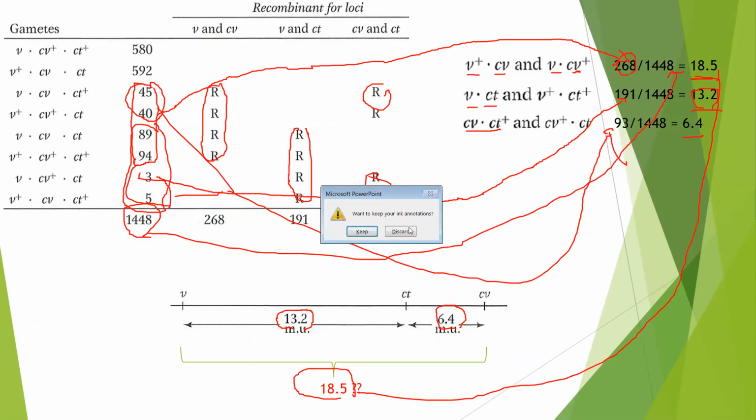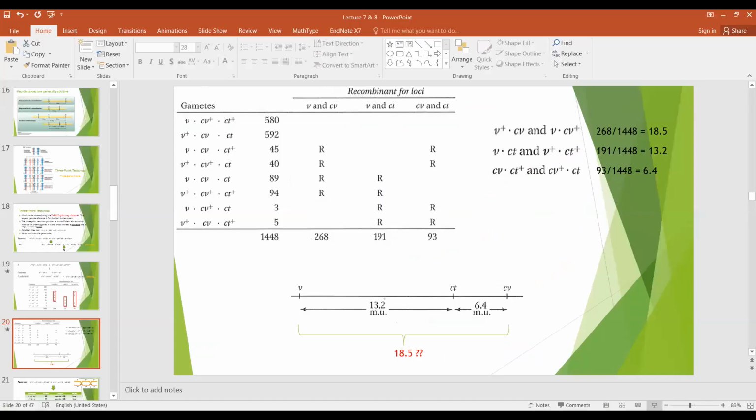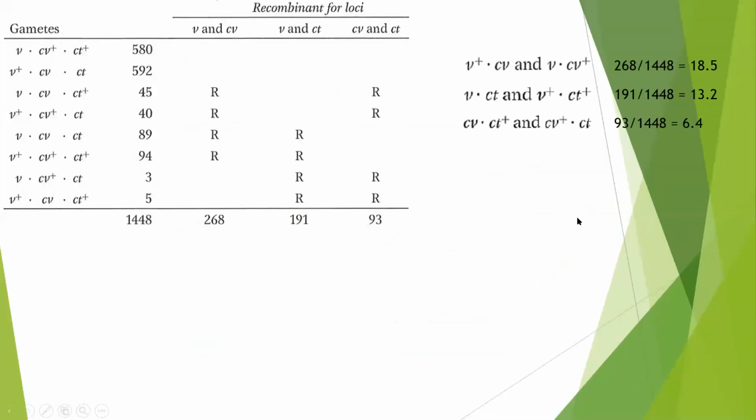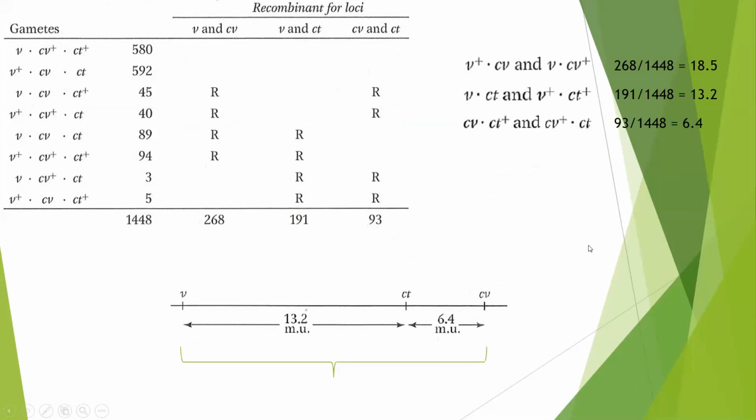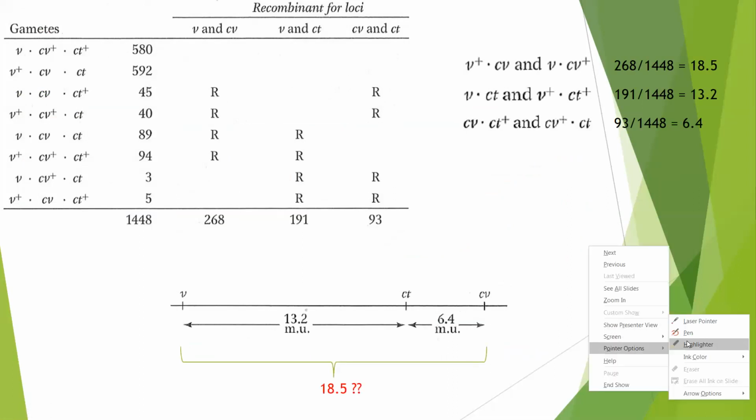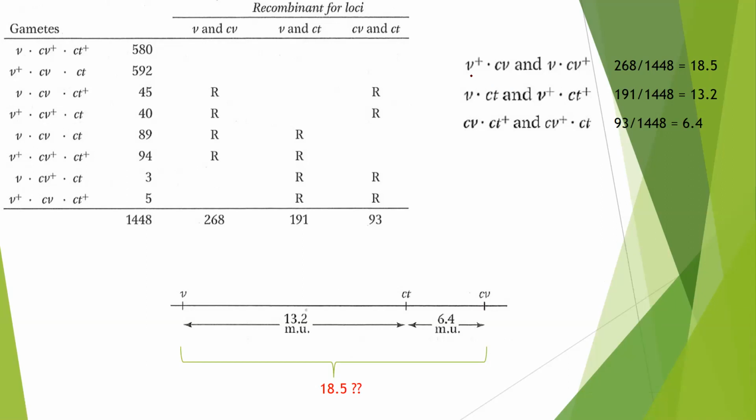Erase this. So in the test, the easiest way for you to calculate the genetic map distance is, you follow this 2-gene model to calculate 3 genetic map distances, and you put them in the right order, like this.